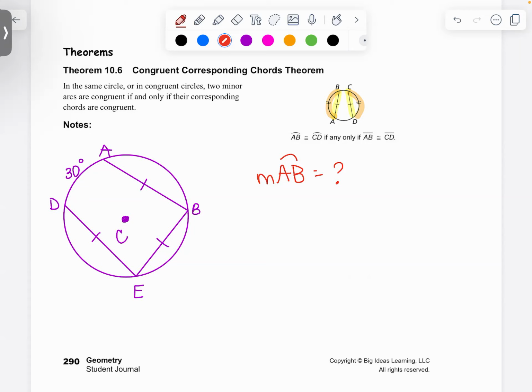Okay. And what? Okay, so arc AB, if we call it X, is the same as arc BE, which is the same as arc DE.